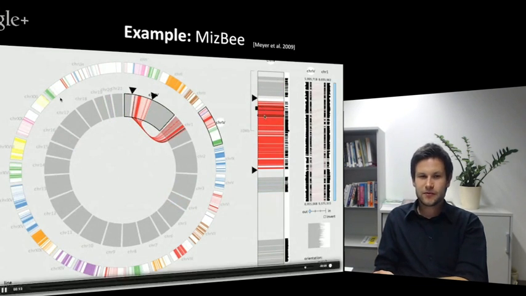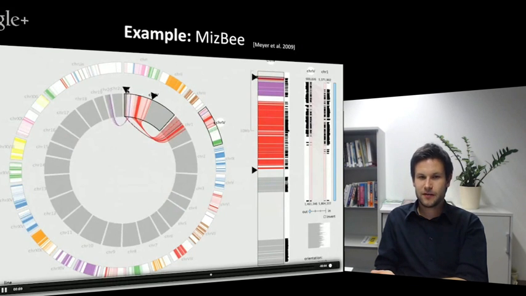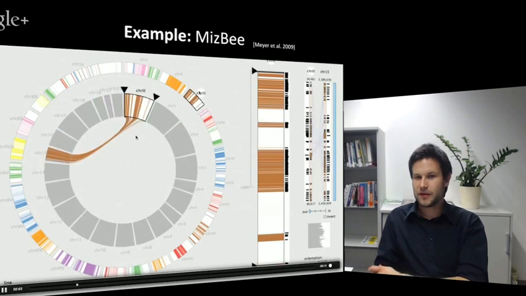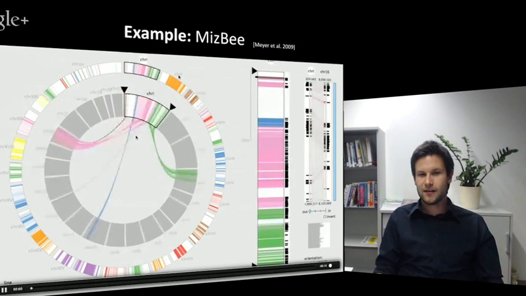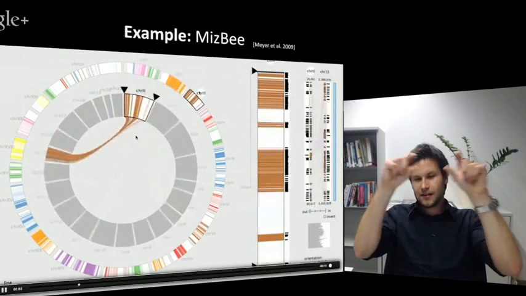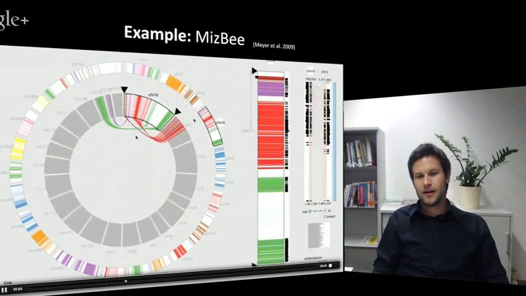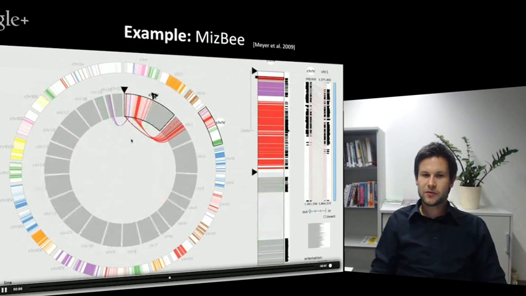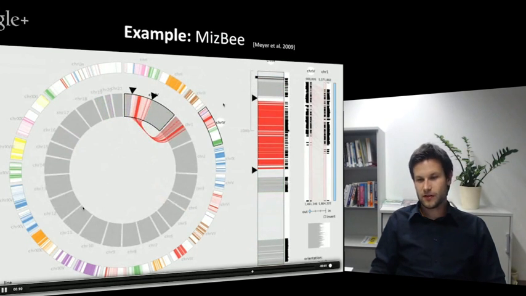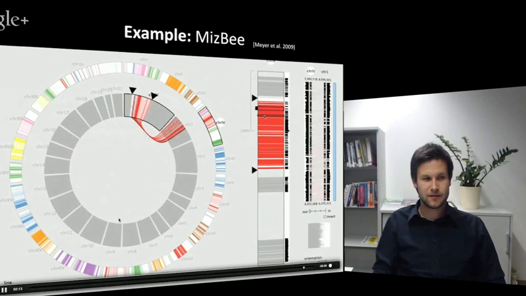And this representation is actually comparing two genomes, and people can select a reference chromosome, and you see all the connections to the other chromosomes. But I'm not explaining it again in detail. But you will see it is this concentric layout that makes it possible to show these connections across this free or empty center space.